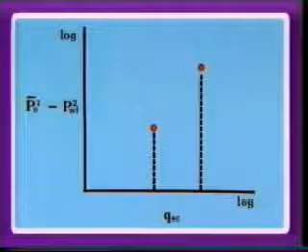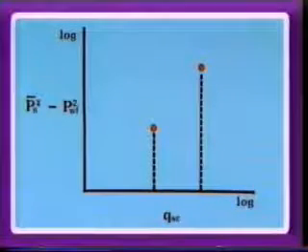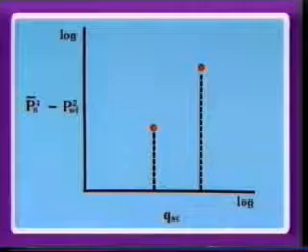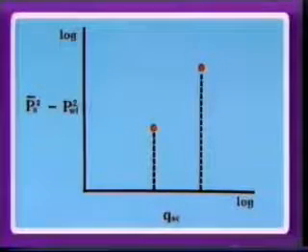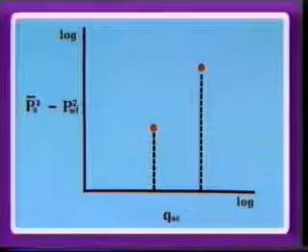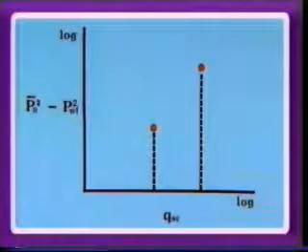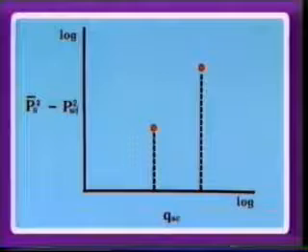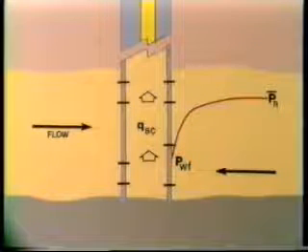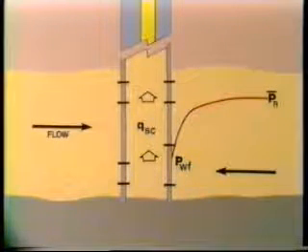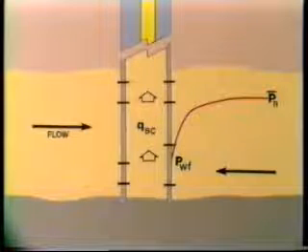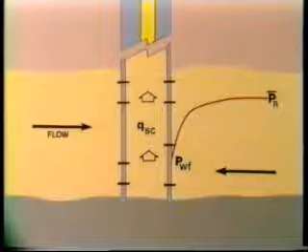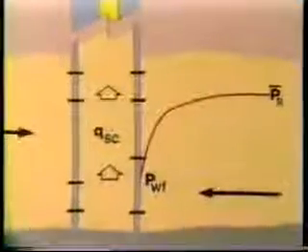In order to obtain a straight line, we need at least 2 points, through which the line may be drawn. Monograph 7 suggests 4 points be obtained to avoid error. The recommended test procedure, then, is to flow the well sequentially, increasing or decreasing at 4 different rates, and measure the flowing sand face pressure, or back pressure, for each.